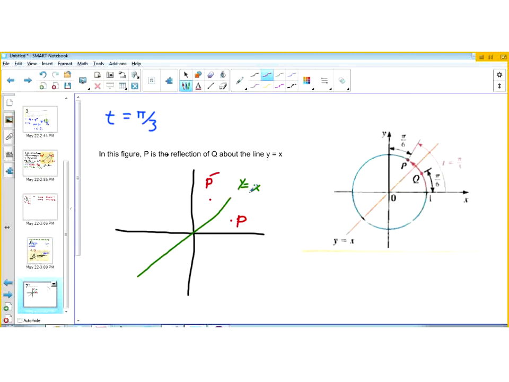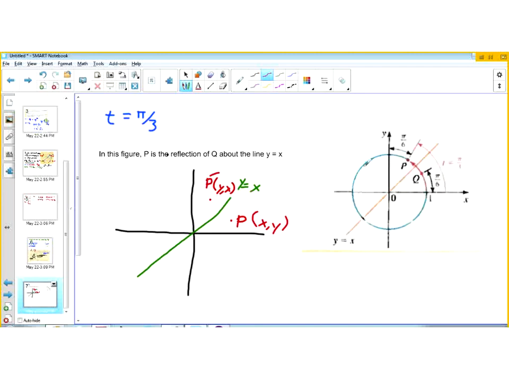So P and P prime are reflections about the line y equals x. What it means is the following. If the coordinates of P are (x, y), then the reflected point about the line y equals x, you just reverse the coordinates like this. So this is what a reflection about the line y equals x yields. If you were to reflect a point about the line y equals x, you interchange the abscissa and the ordinate.